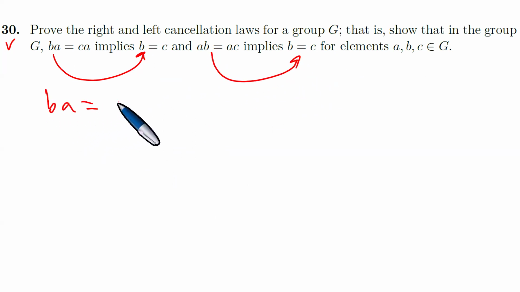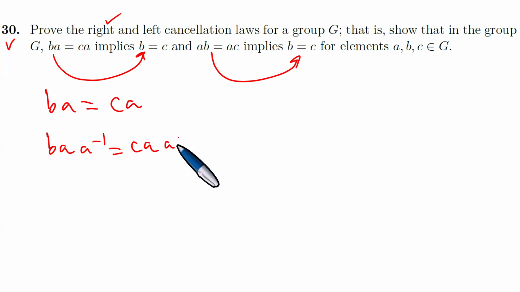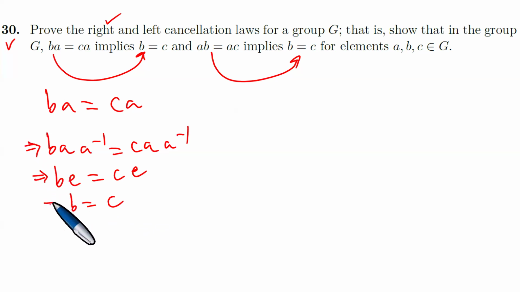So you start with ba equals ca. Now you are proving the right cancellation. You can apply the inverse of a on the right on both sides, so that you put the identity on either side, and this means that you have b equals c. So indeed, this is the case.